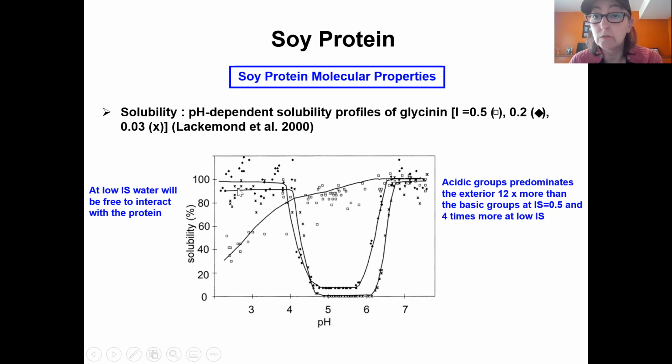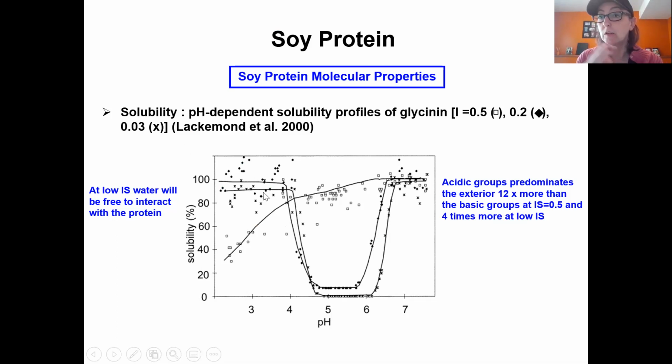So what happens here when you have low ionic strength is the basic groups are exposed more to the surface. So instead of having 12 times more acidic groups on the surface, it becomes 4 times more acidic compared to basic groups on the surface. So we have some basic groups, so we have some positive charges at the acidic pH.